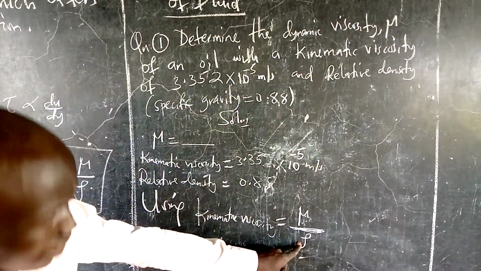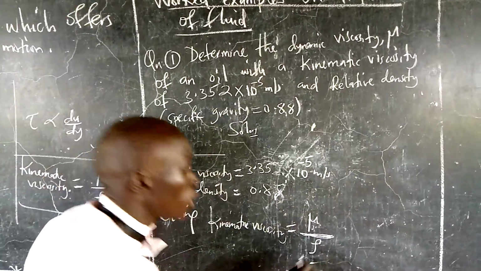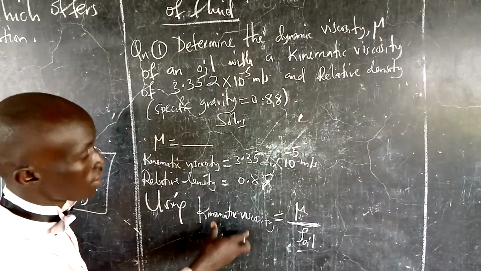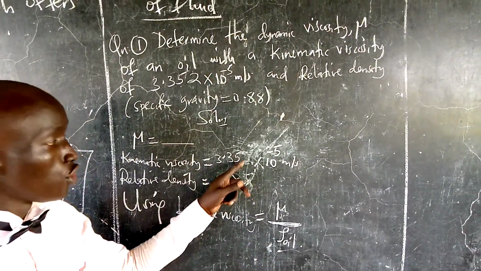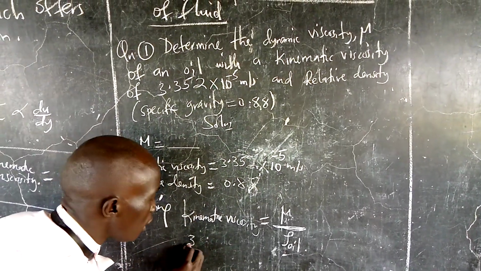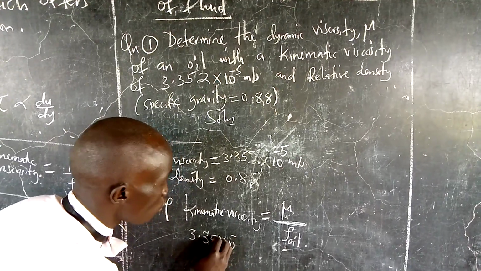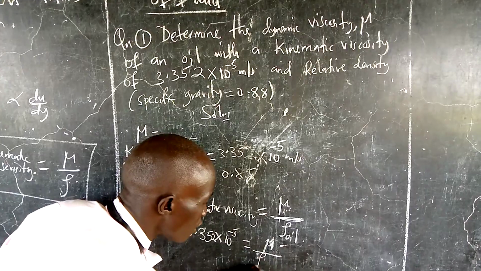And for this case, our density is oil. It's not water. It's density of oil. Do we know kinematic viscosity? Yes. The value is 3.352 times 10 power negative 5. So you can substitute here. It's going to be 3.352 times 10 power negative 5, the same as mu divided by density of oil.